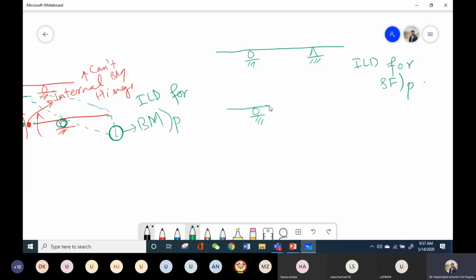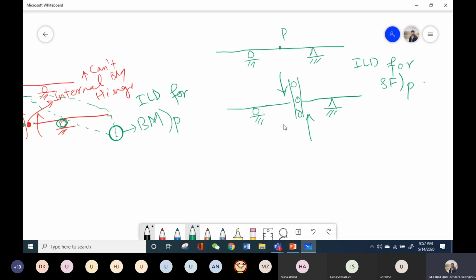I will divide this beam into two parts, and this is point P basically. I will apply a roller guide over here, with downward shear force on the left side and upward shear force on the right side.